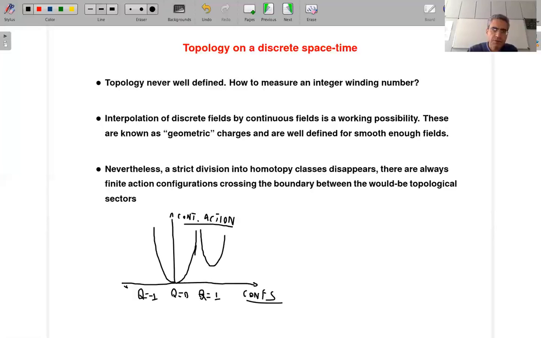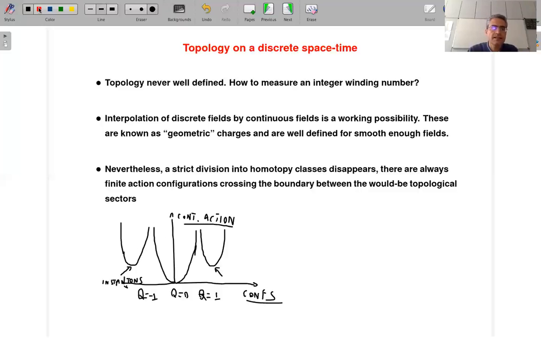topological sectors, in which each topological sector has minimum action configurations. So in some sense instantons are sitting here, and also here, of course. But such topological sectors are separated by infinite barriers, which prevent you from going continuously from one topological sector to the other.